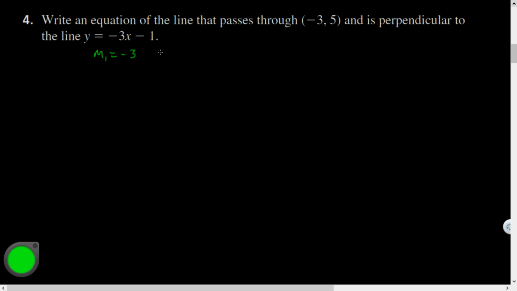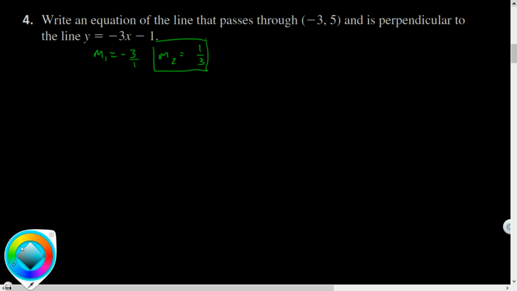And what is the negative reciprocal, the opposite reciprocal, of that number? Positive, and I've got to flip this. Yeah, 1/3. It's sometimes tricky for those whole numbers, so just imagine them as being over 1, and it'll make it a little easier.